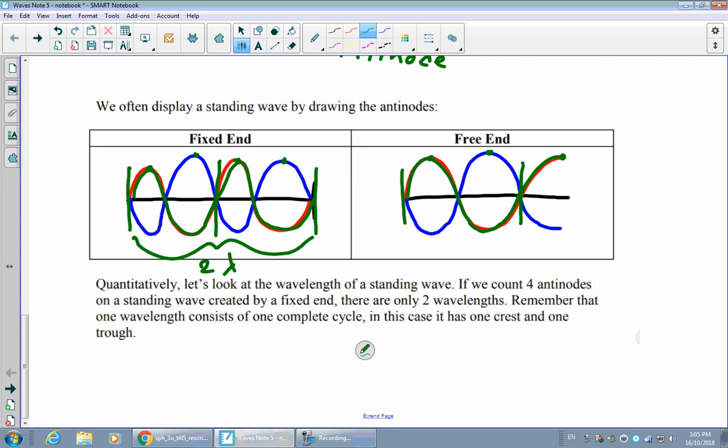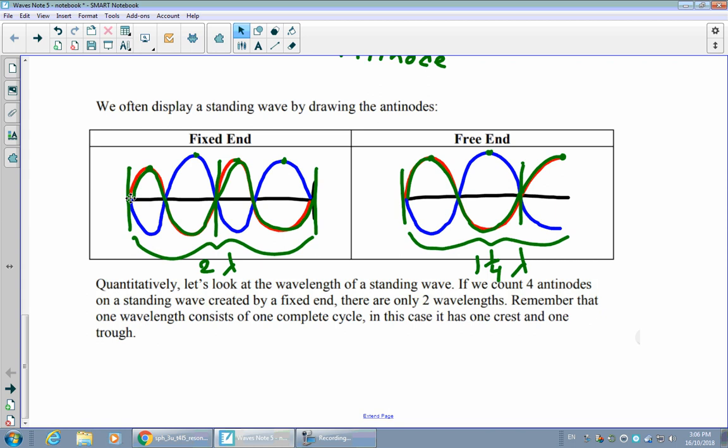So sometimes when we're just dealing with a standing wave pattern set up in a free end situation, we might not complete 1 full wave cycle or even 1 half wave cycle. We might end on a quarter of a wave cycle. So this would actually be 1 1/4 of a lambda. That's 1 1/4 wavelengths is what we're seeing.